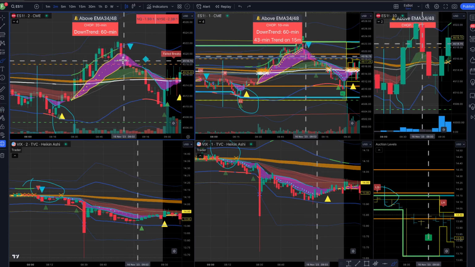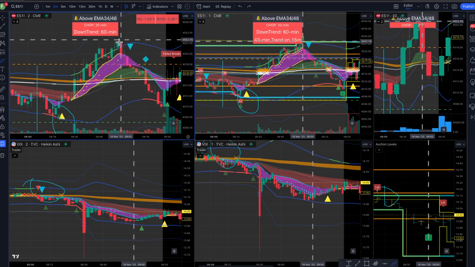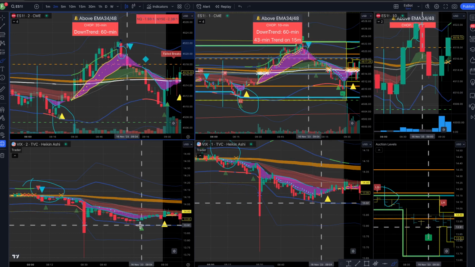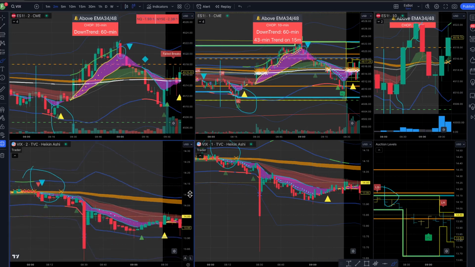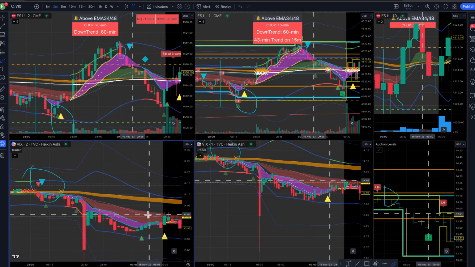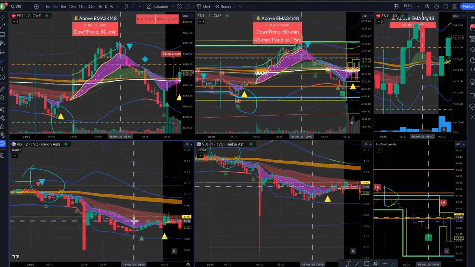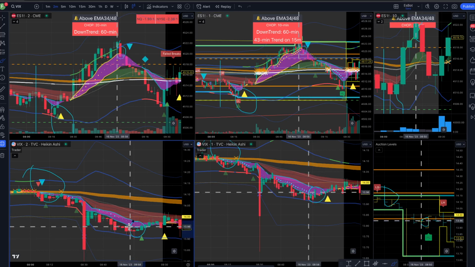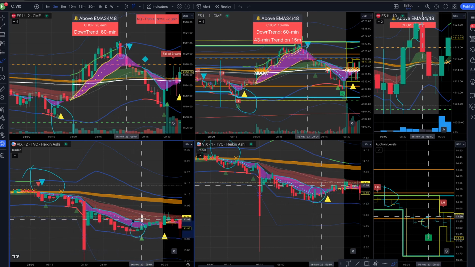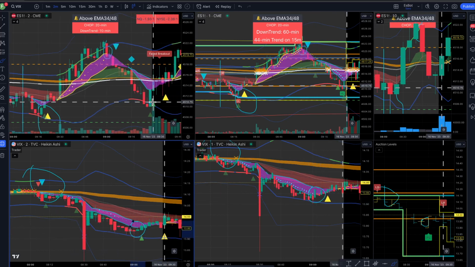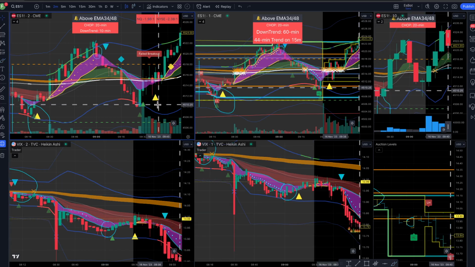Now if I look down here, I break through into the danger zone. I'm in scalp mode, so I'm going to be out of the trade. Down here at the bottom, we also see VIX turning up. So now what do we see?